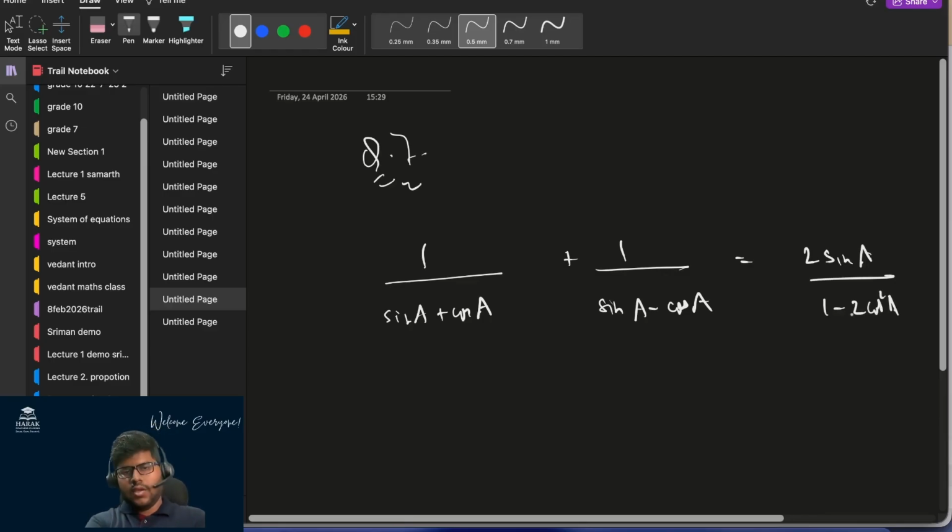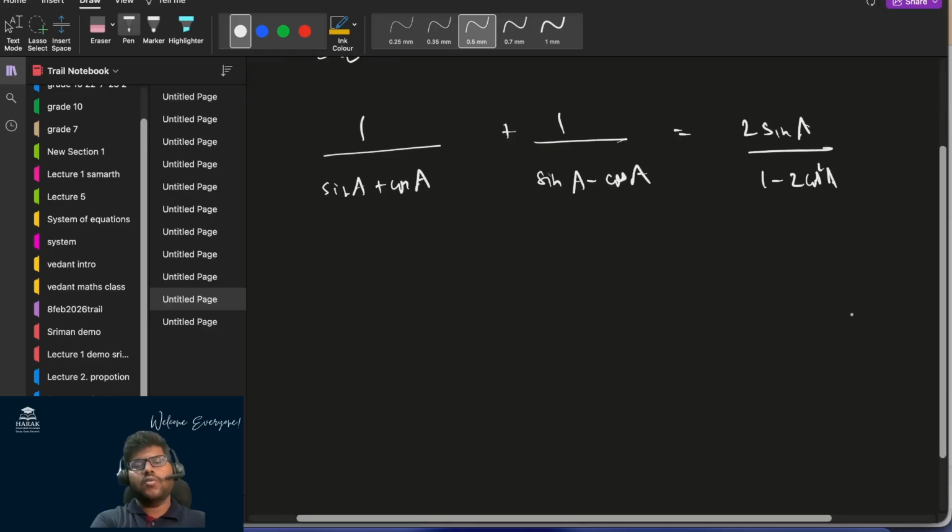We are given the two fractions and need to show the sum equal to 2 sine A over 1 minus 2 cos square A. Remember that in the denominator we want to make 1 minus 2 cos square A.